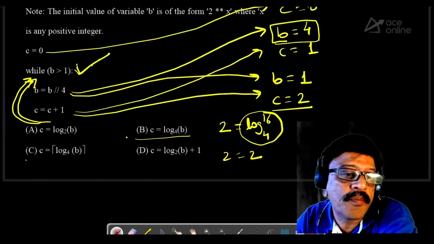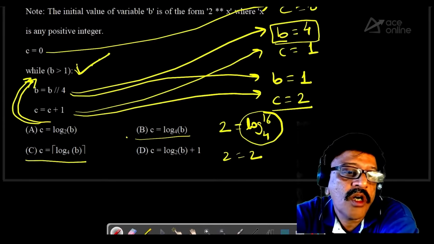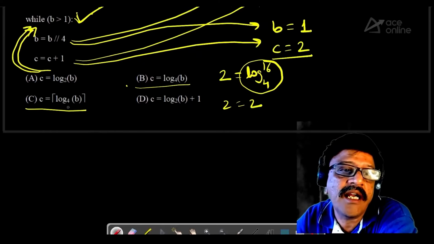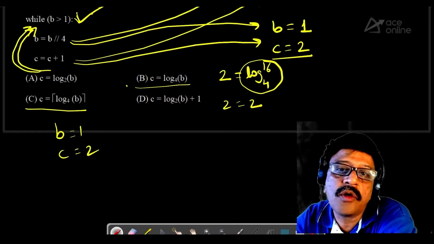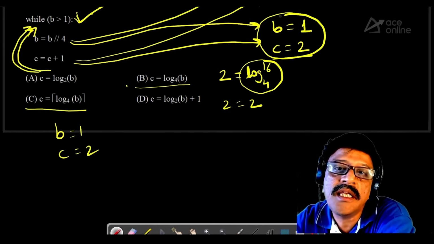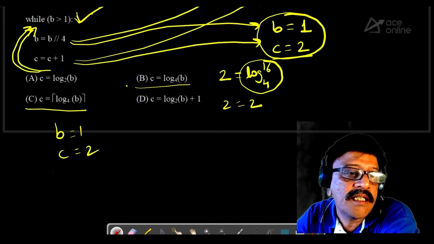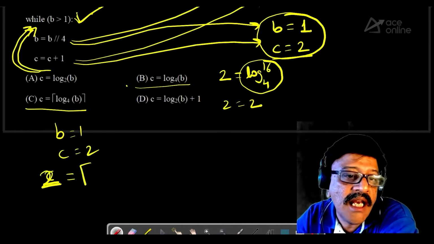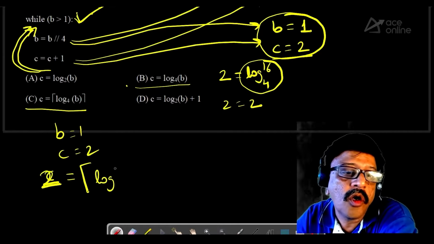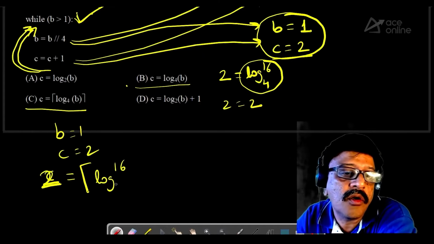Let's see option C also. Okay, what is option C saying? I'll rewrite the values. B got to be 1, C got to be 2. After the end of this code, these were the values. So is C equal to, that is 2 equal to, ceiling of log of the original value of B, 16, to the base 4?